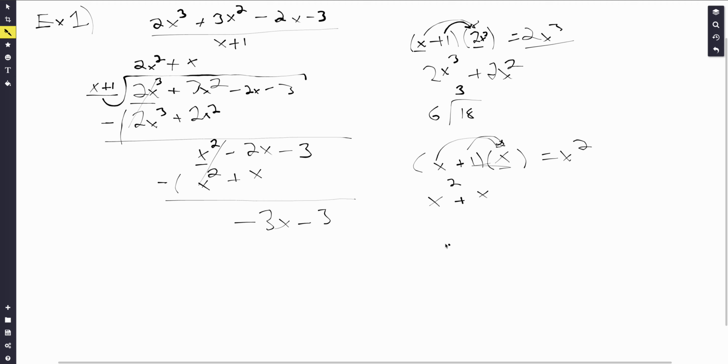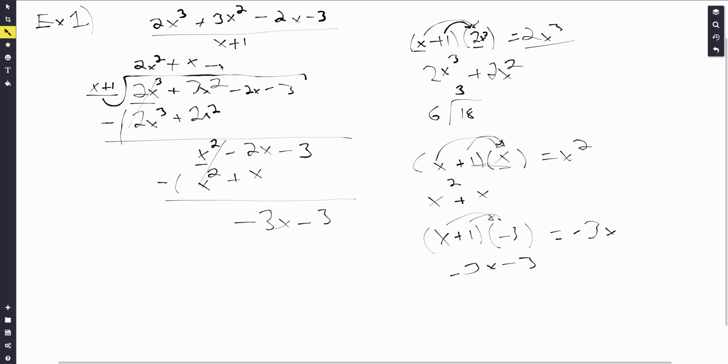Now let's do the same thing again. So we need to get negative 3x. So we do x plus 1 times what will give us negative 3x. Well, we know that's negative 3. So that would just be, if we distribute the terms again, negative 3x minus 3.